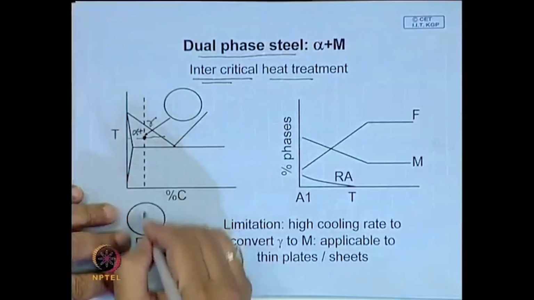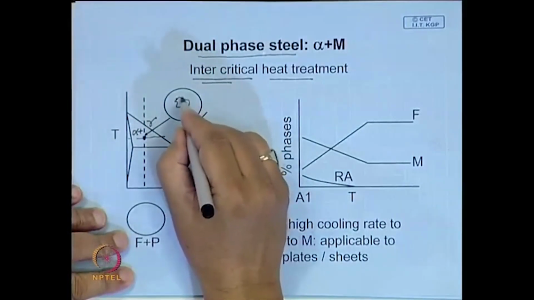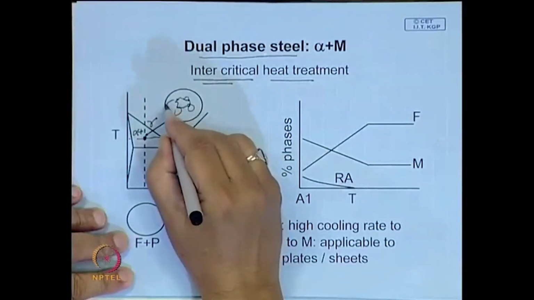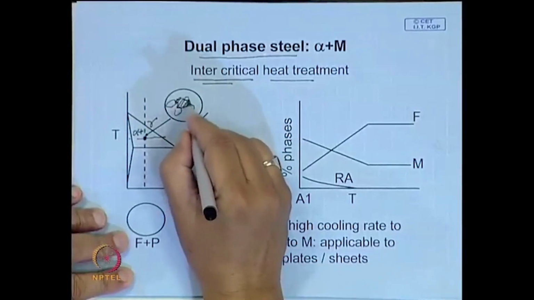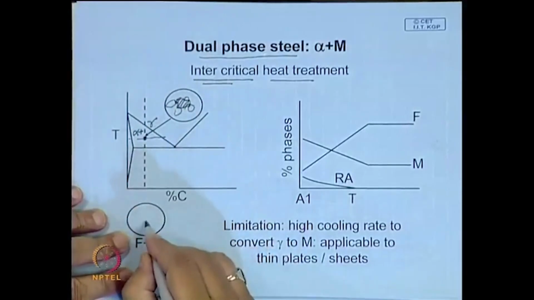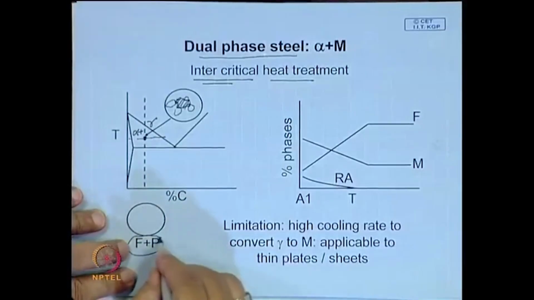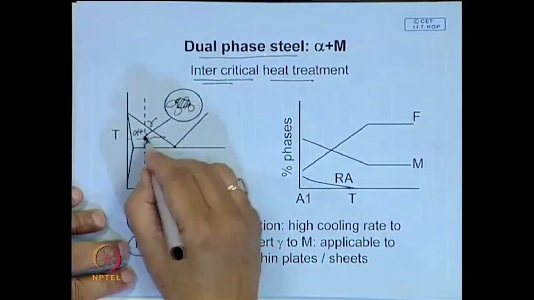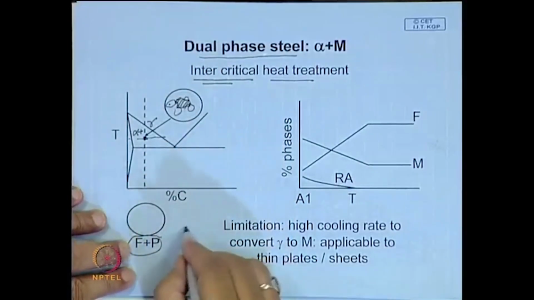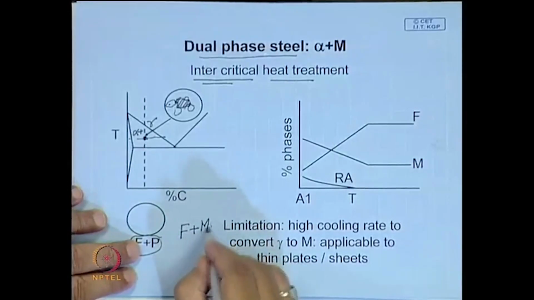Now, if you quench here, you will have these austenite grains, and these, let us say, are ferrite grains. Here if you quench, it is possible that at room temperature it has a ferrite pearlite structure, but if you come over here you get ferrite plus austenite. From here if you quench, ultimately it is possible to get a ferrite plus martensite structure.